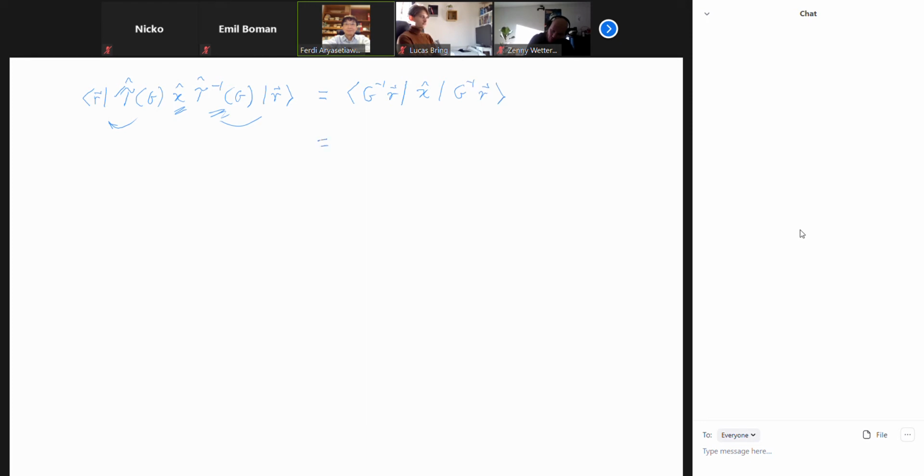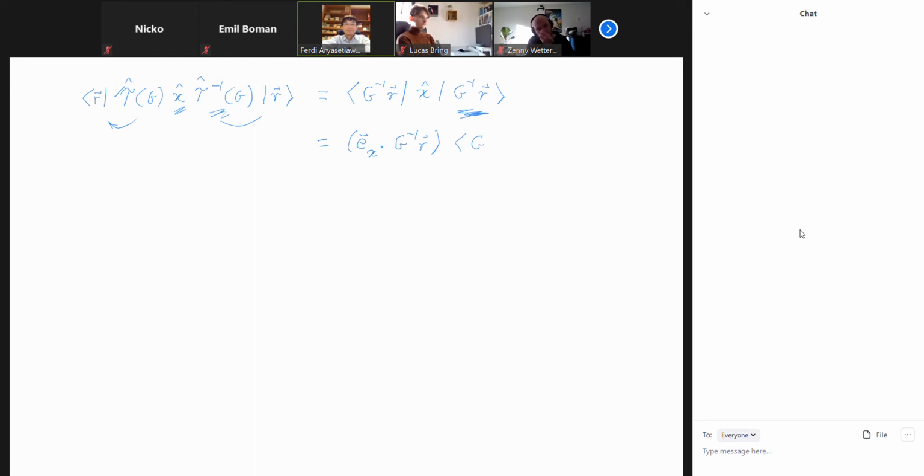So x is just, we'll pick up the x component of this state. So then we get e_x dot g^-1 r. So that's the x component of that vector.